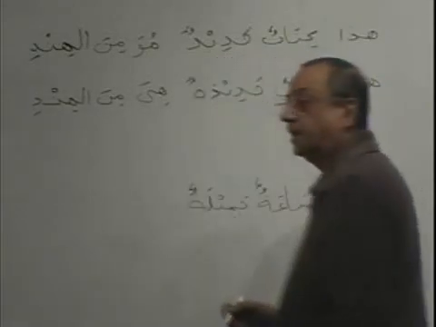Hazihi sa'atun jamilatun. What is hazihi? Mubtada. Why did you use hazihi and not hadha? Because sa'atun is a muannas. So mubtada and khabar should match. Okay? And then of course, jamilatun is a naat. It will match man'ut. Sahi?